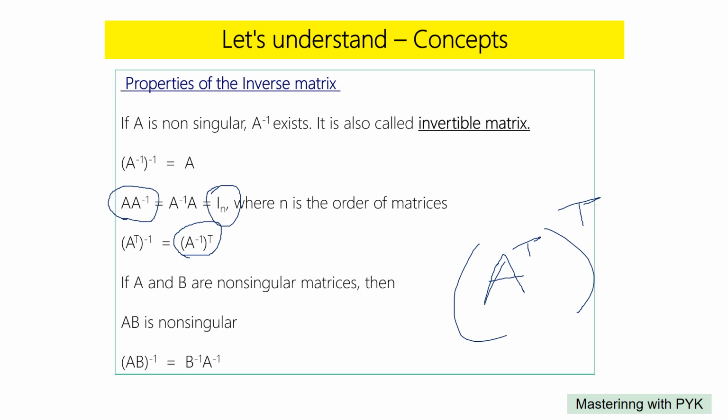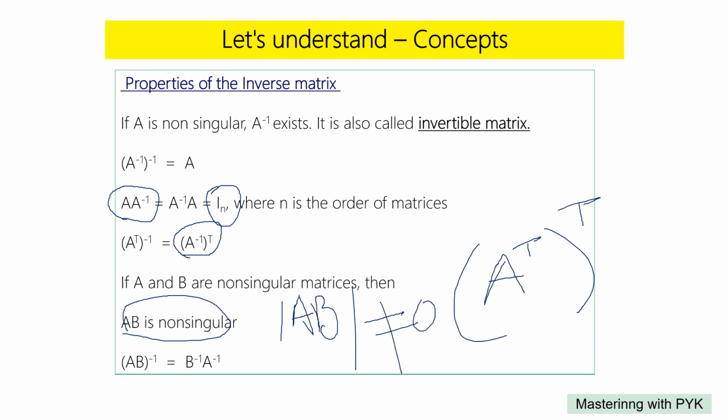If A and B are non-singular matrices, this means the A inverse exists and B inverse exists, then the dot product is also non-singular. This means determinant of this dot product AB would be not equal to 0. This means the value would be some scalar value, negative or positive, right?